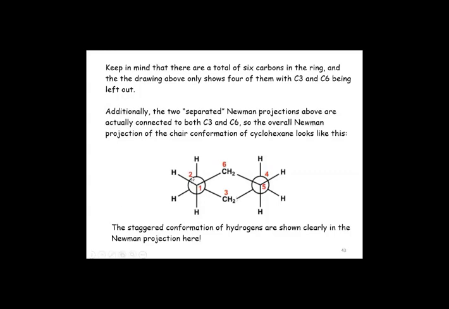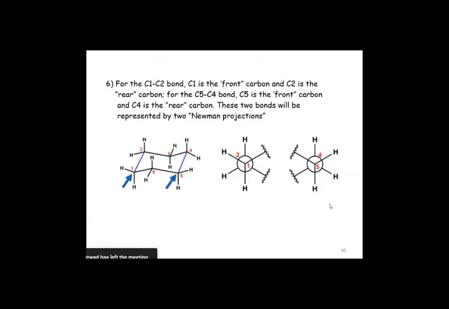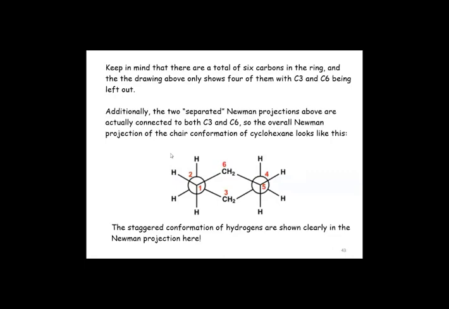When we connect these two ends to carbon 3 and carbon 6, then only we get the overall Newman projection of the chair conformation of cyclohexane. And how are we supposed to join them? If we see the earlier structure, carbon number 2 is attached to carbon number 3, and carbon number 5 is attached to carbon number 6.